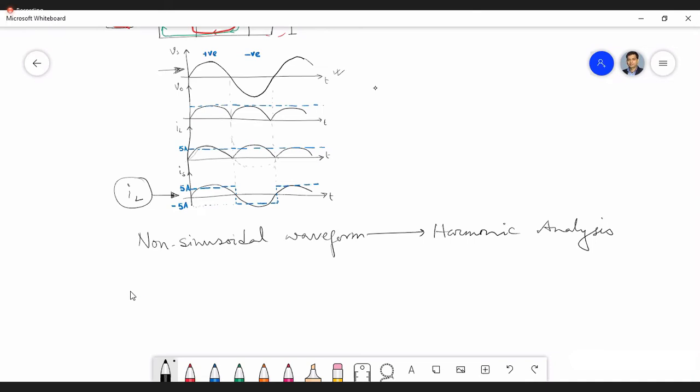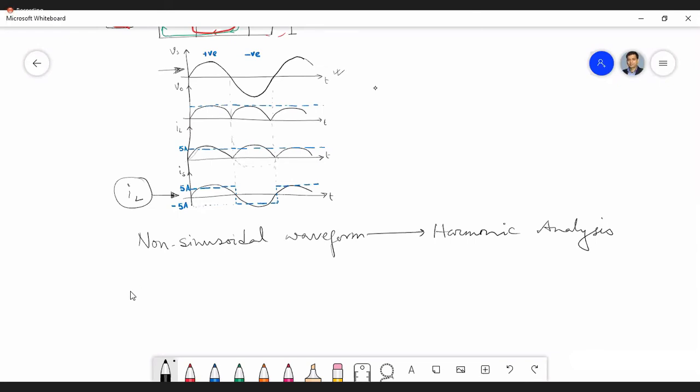If the original waveform has 50 hertz, then the harmonics would have 100 hertz, 150 hertz, 200 hertz, 250 hertz. We won't get any 99 hertz or 125 hertz or 180 hertz or 260 hertz. So this type of frequency will not occur. You will get discrete frequencies.